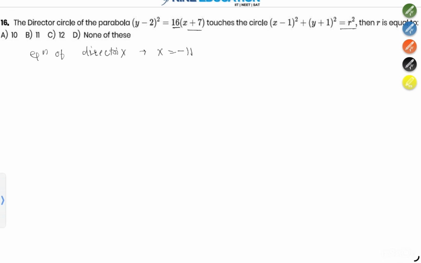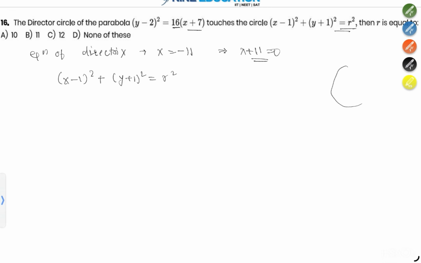So this is the directrix, this touches this circle, so it means this directrix is tangent to the circle. So if the directrix is tangent to the circle, (x minus 1) whole square plus (y plus 1) whole square equals r square, we have to find the value of r.